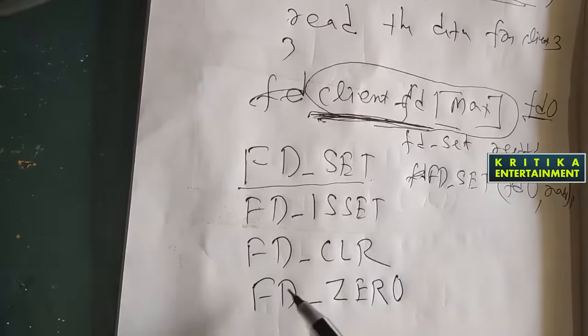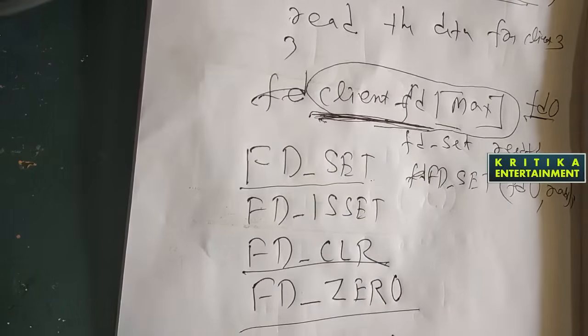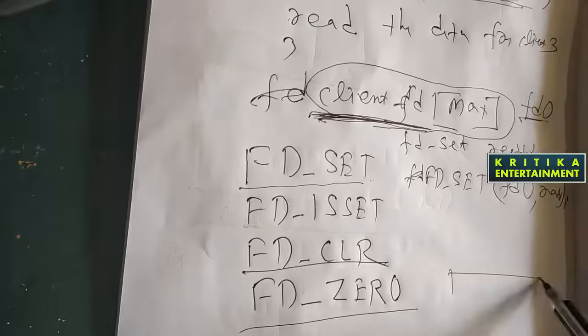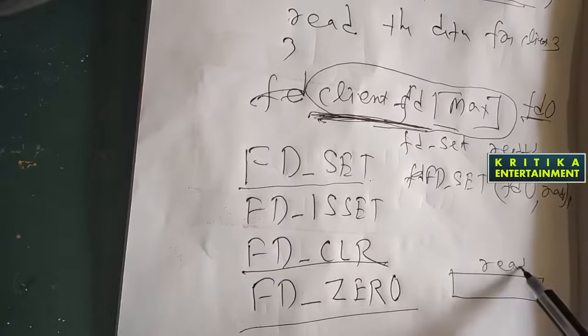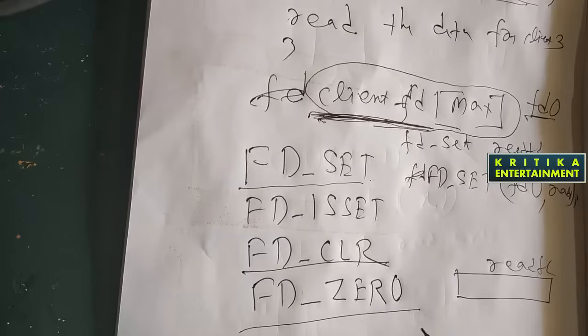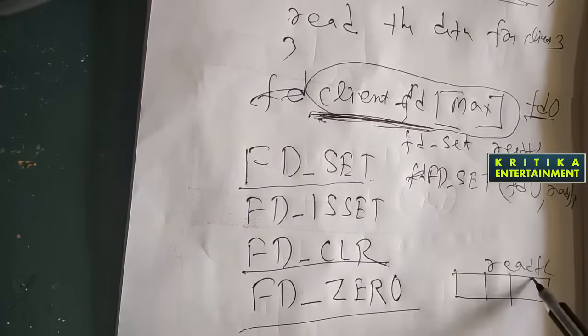Then I will tell you the function of these other two. Suppose I have declared the read FD set. Initially it should store all bits as 0.